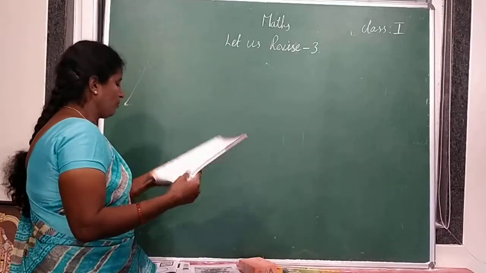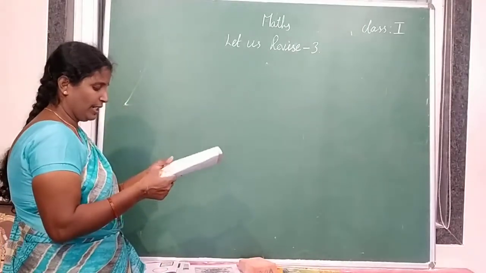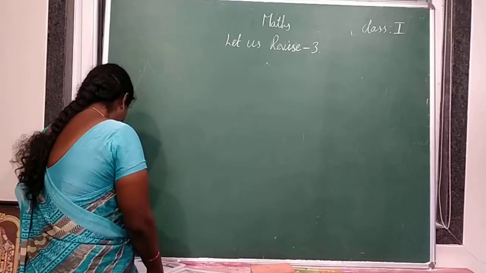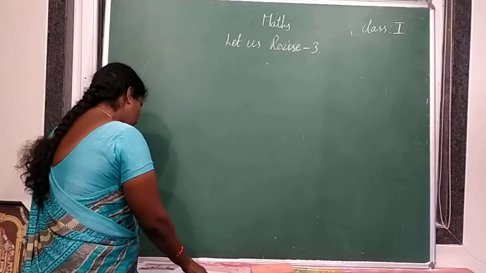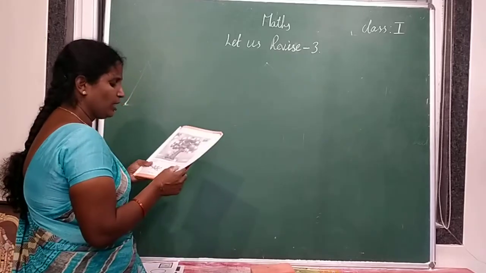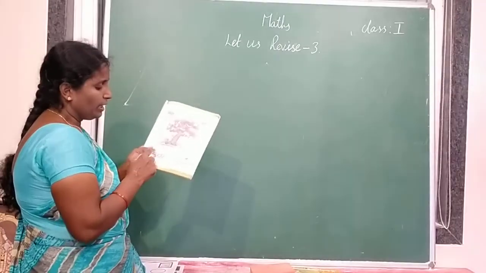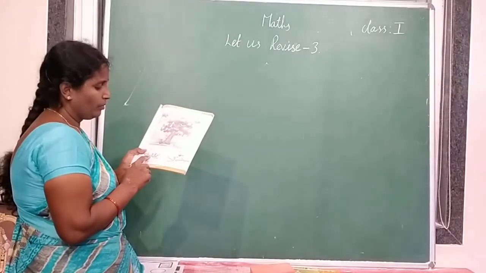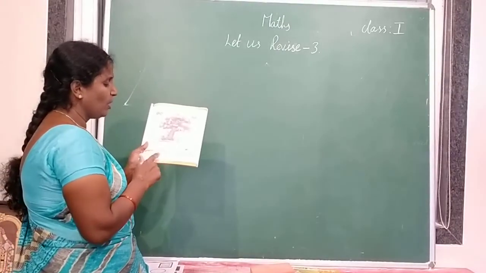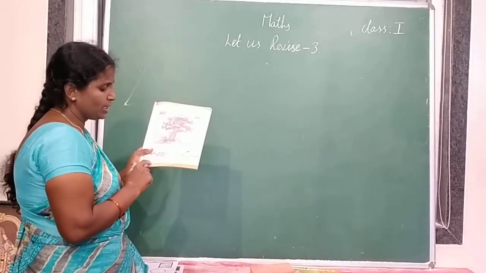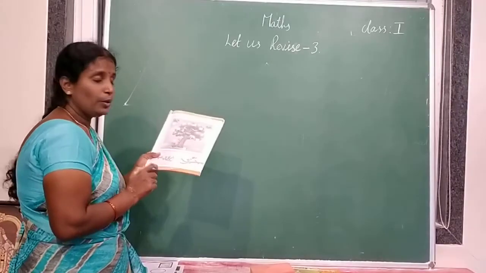Open your workbook page number 7. Workbook page number 7. Count and write the number of birds sitting on the branch of the tree in each picture. See here, 2 pictures are there. In the first picture, how many birds are there on the branch? 2 birds.